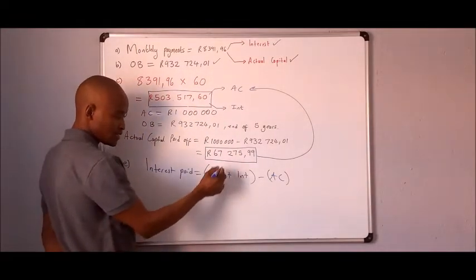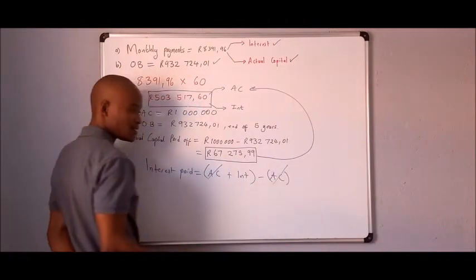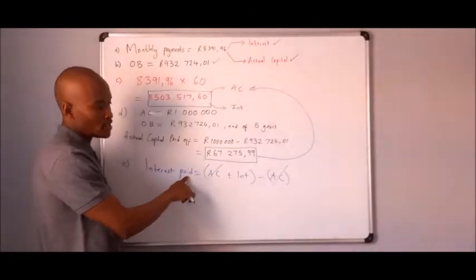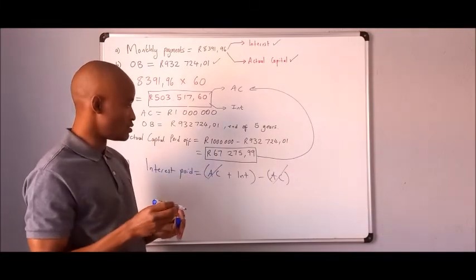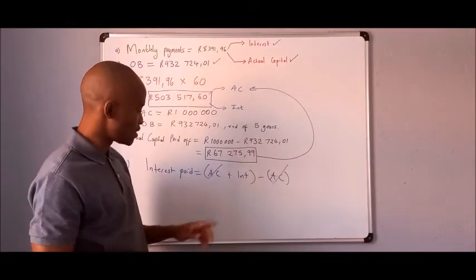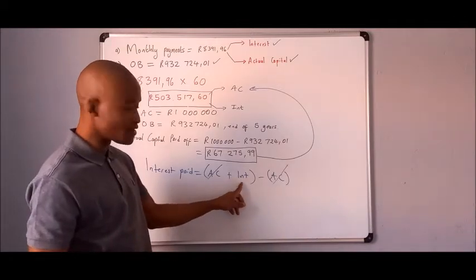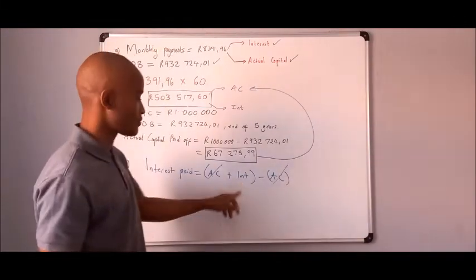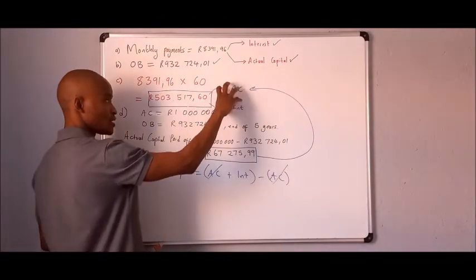We can see that that and that cancel, and you're left with the interest that has been paid. I found it important to split the number like that for you to see why we do this calculation in this way. What is represented by this sum?